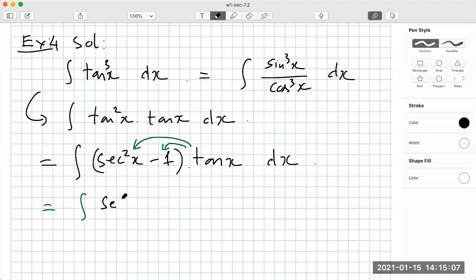So it will be secant squared x tan x minus tan x dx, right?